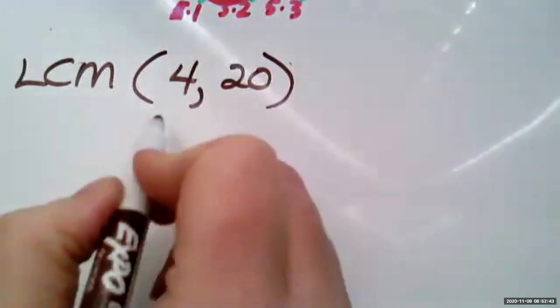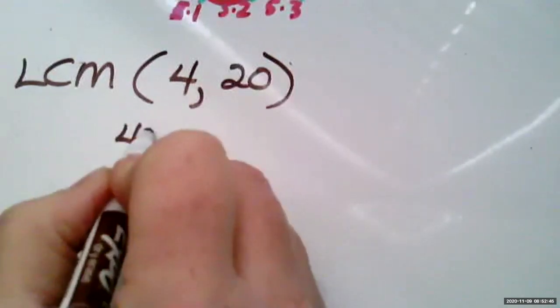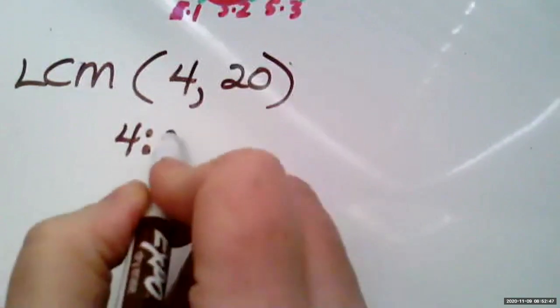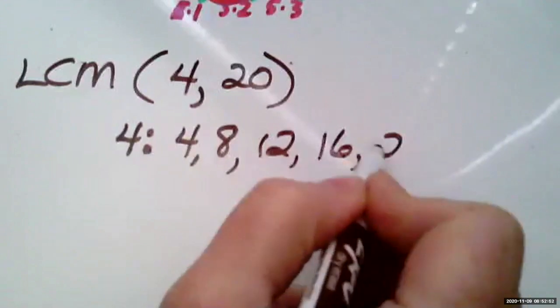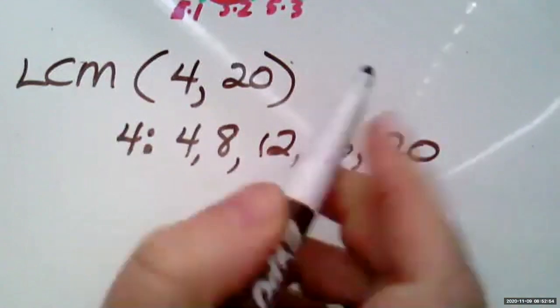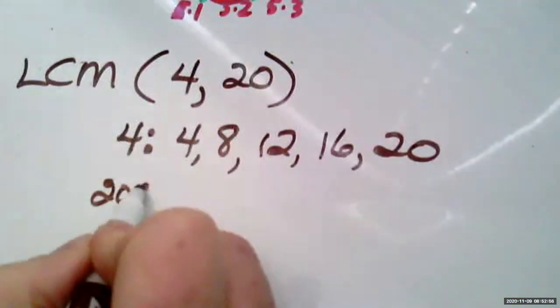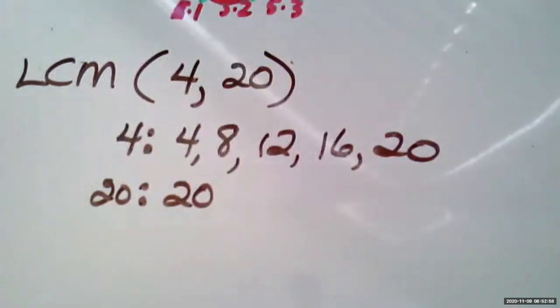Allison, check again. All right, once again, multiples of 4. If I'm listing the multiples of 4, you start with 4, 8, 12, 16, and 20. And I'm going to stop there because the very first multiple of 20 is 20. You always have to start with the number itself times 1 to get the multiples correct.